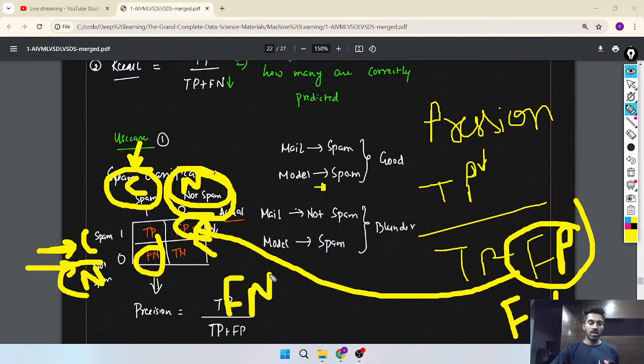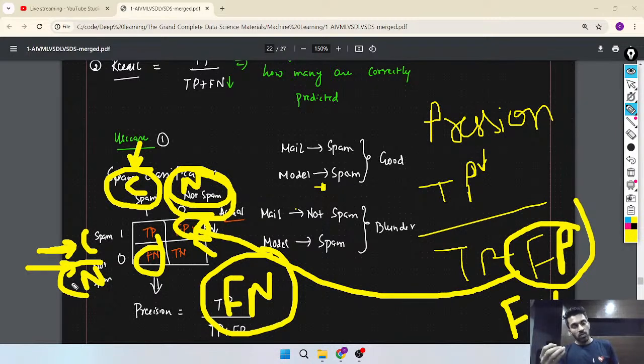So in that case, what will happen? You have cancer, but your model predicted you don't have cancer. That's the problem. So you don't go to the doctor, and you feel free.